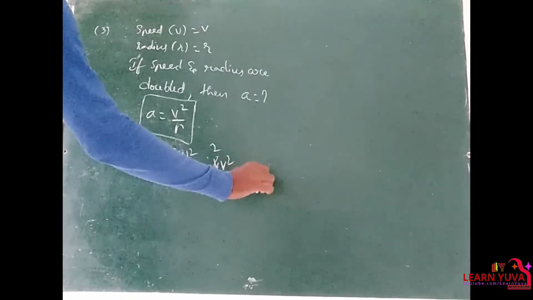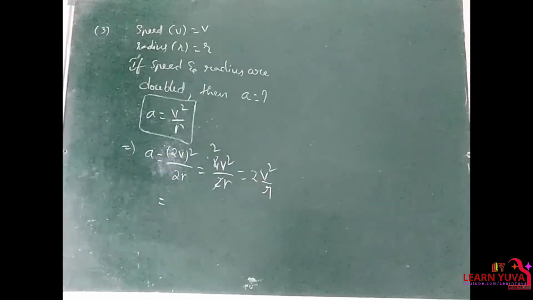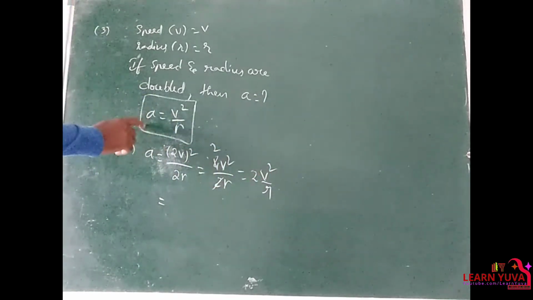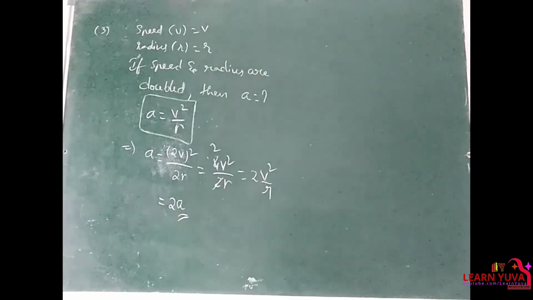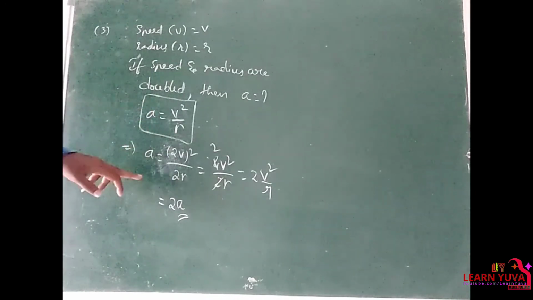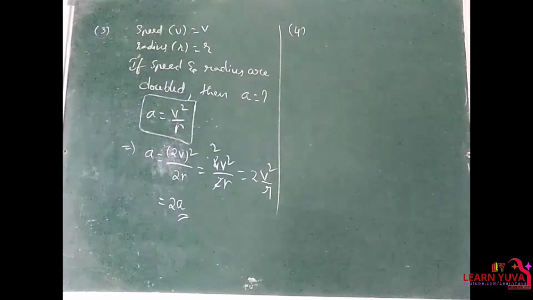That is equal to 2V square by R. That is equal to 2 into V square by R, which is nothing but acceleration. So 2A. So if speed and radius are doubled, then centripetal acceleration is also doubled. Clear?